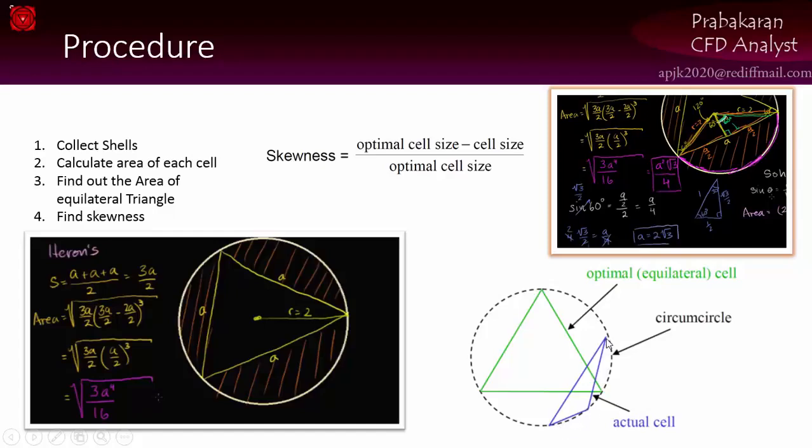With those 3 points I am drawing a circle. Within that circle I am drawing an equilateral triangle. I am finding the area of the equilateral triangle and my actual triangle. If I put the values in this equation, what I get is the skewness.